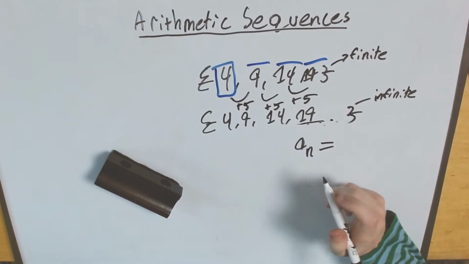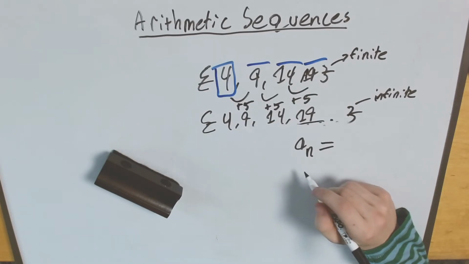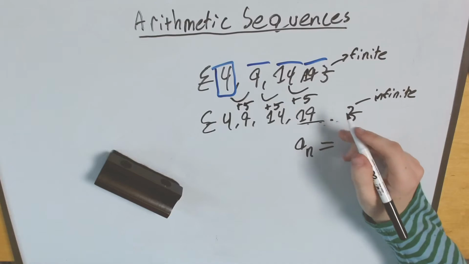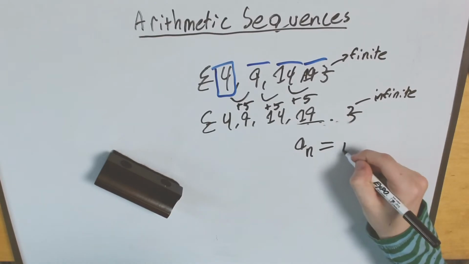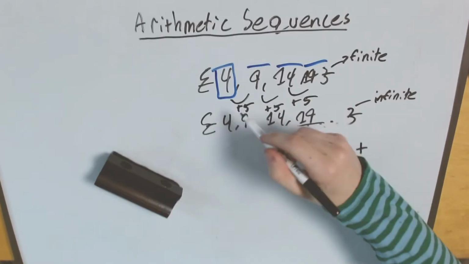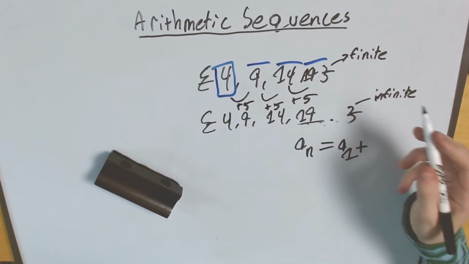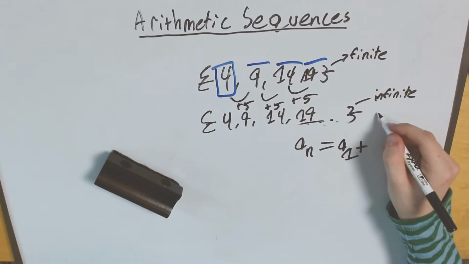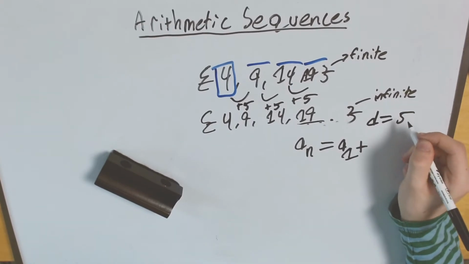So I can say, for a given sequence number, right, for the 90th term, that's going to be the first term, the a_1, plus all the times I've added 5, or what I'm going to say is my common difference. So the common difference d, right? So I'm going to say d equals 5.